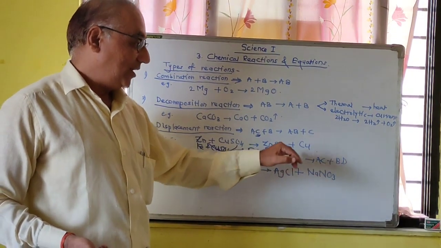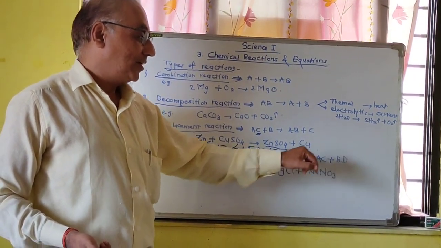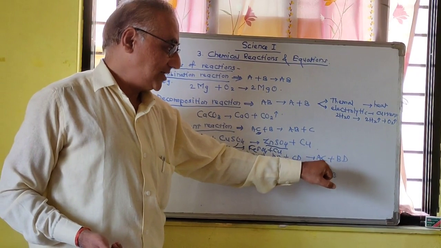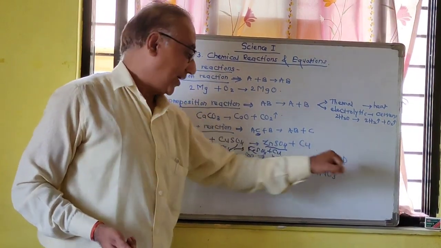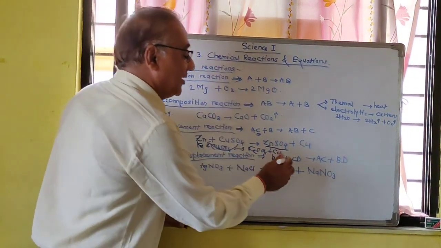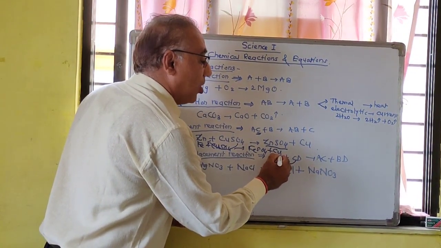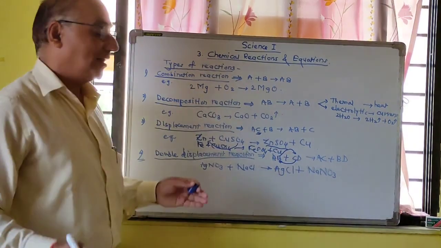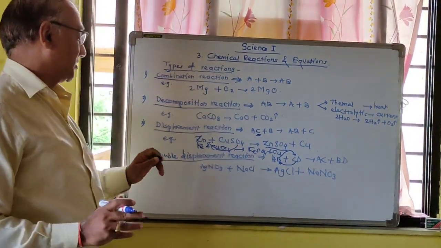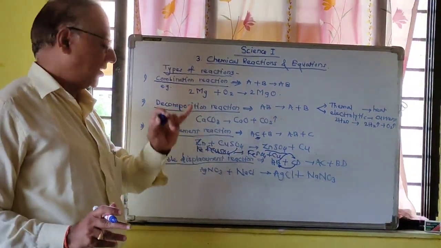When AB is reacted with CD, there is a formation of AC plus BD, right? Here C takes the place of B and B takes the place of C, right? Mutual exchange takes place, so it is called a double displacement reaction.